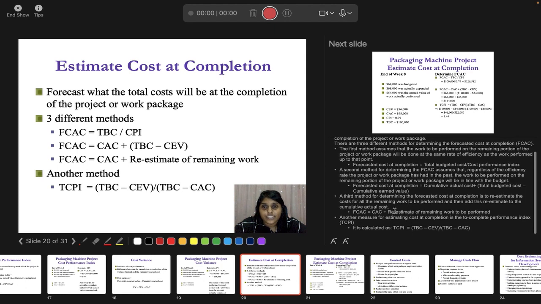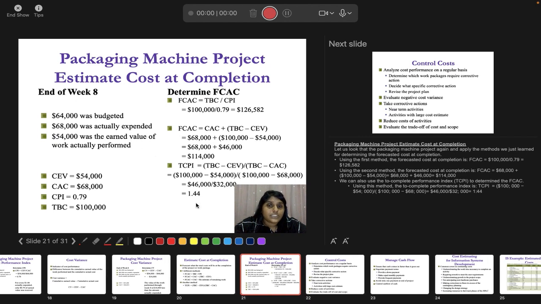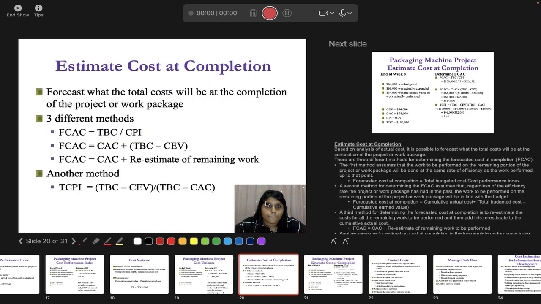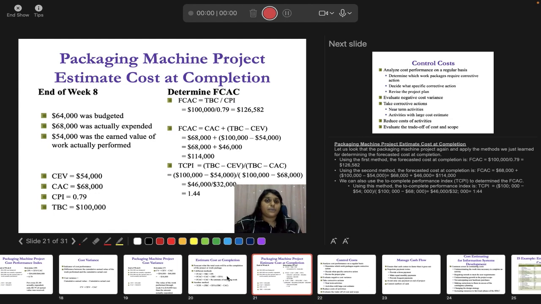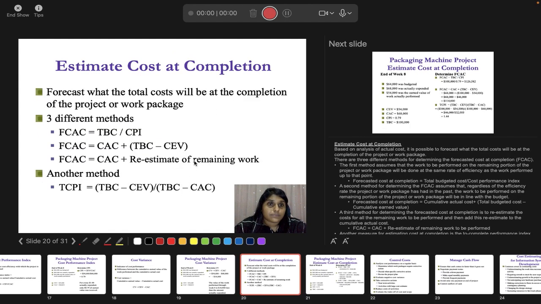So here you are going to plus your CAC with the re-estimate of remaining work, your remaining work percentage, which is going to be, okay, your remaining work is 46%, right?